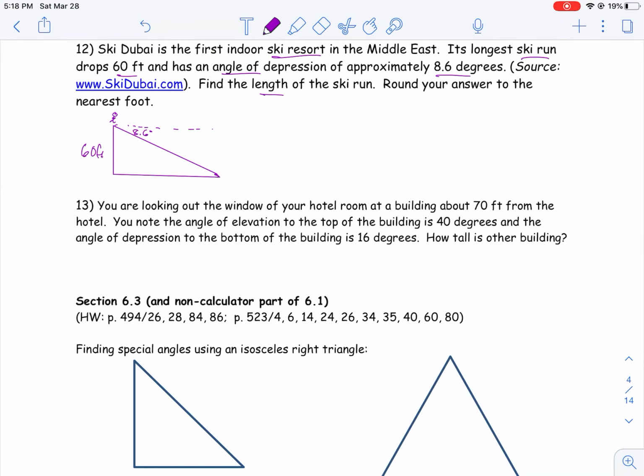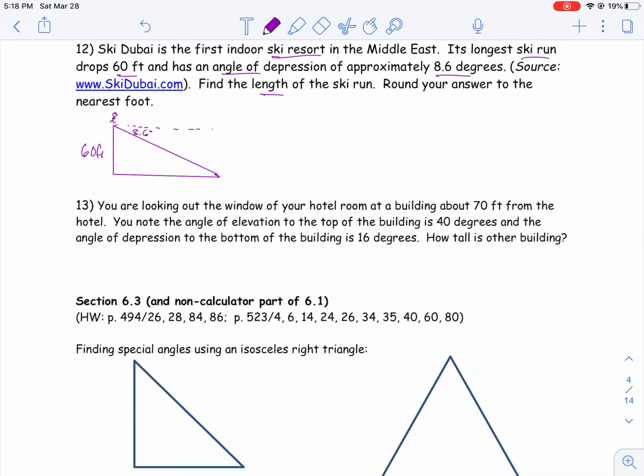Cross multiply and divide. We're going to get x equals 60 divided by cosine. Let me show you that. I'm doing too much work in my head. x times cosine of 81.4 equals 60. Divide both sides by cosine of 81.4. Again, if you want to put the decimal in, you can.